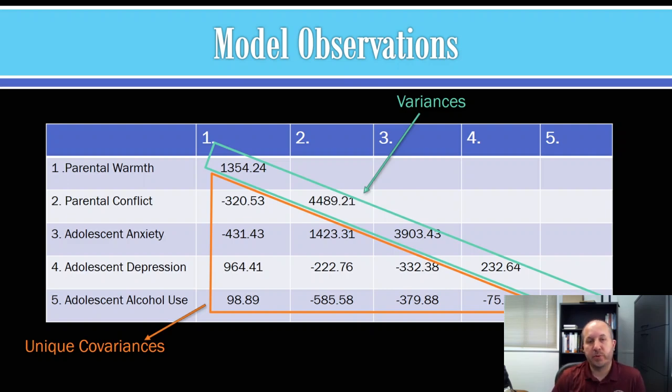And then in the spot where we would normally have the dash, where we'd have nothing in there, because a variable can't be correlated with itself, we just put the actual variances of each variable. So the variance for parental warmth, for parental conflict, that's going to be on that green triangle. And if we add these up, we'll find that there are 15 cells that have data. Those are our 15 observations that we have in our model. And if we just take 5 times 6, divide by 2, we get 15, which is the number of observations that we have. The total number of variances and covariances combined together.